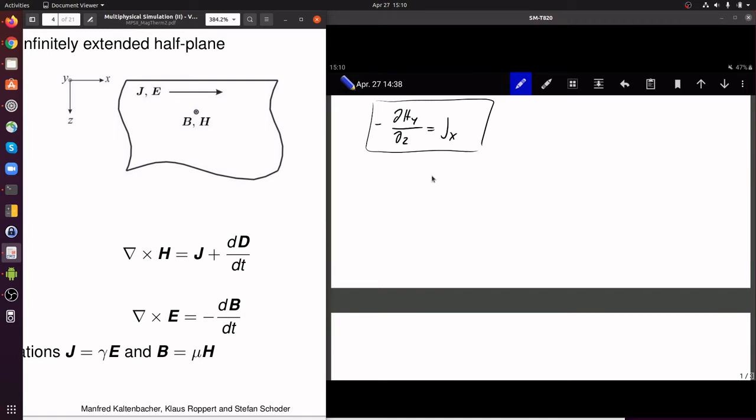The next equation follows analogously. So we have the curl of the electric field strength again.